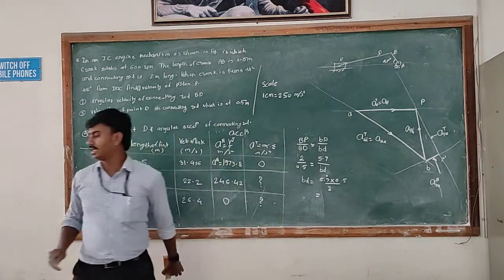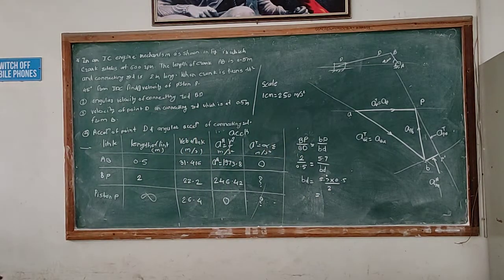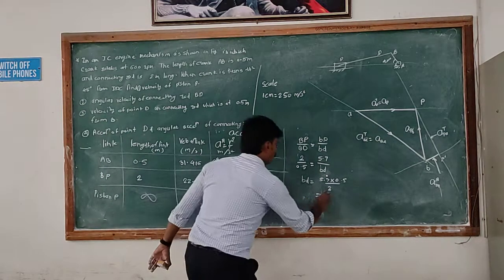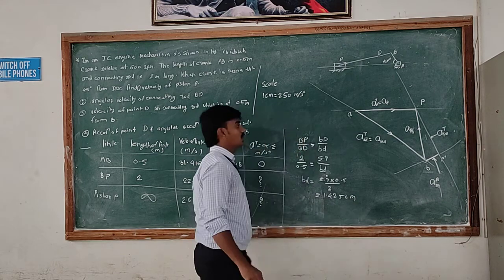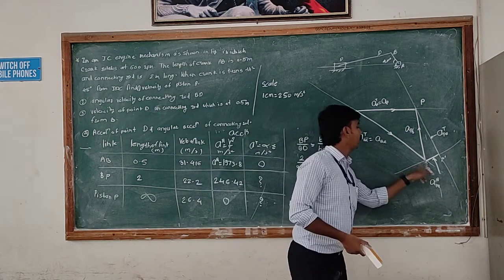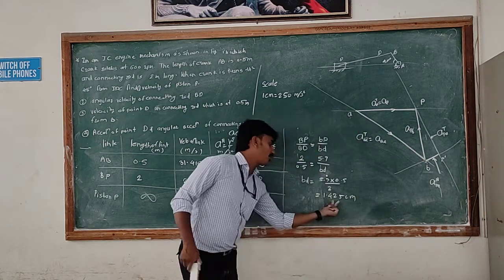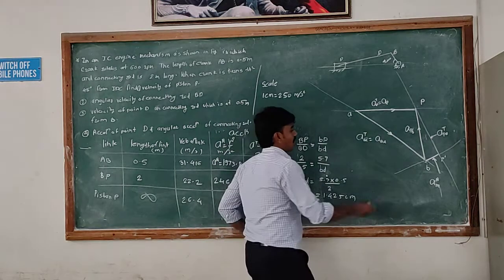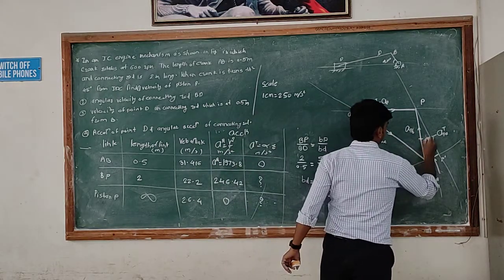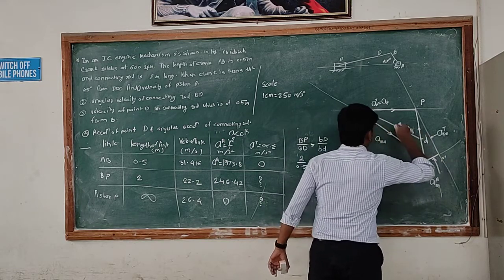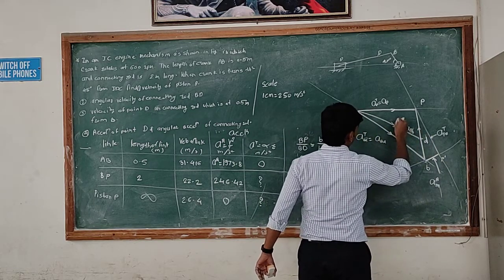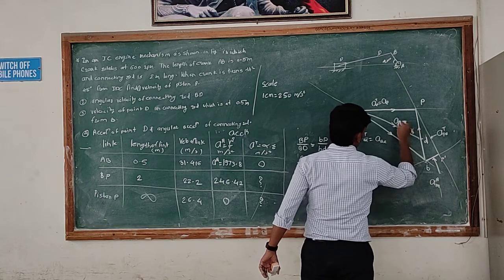Its value becomes 1.425 centimeter. So from point B, measure a distance of 1.425 centimeter and mark the point D here. Join A with D, and this vector will show the acceleration of the point D.